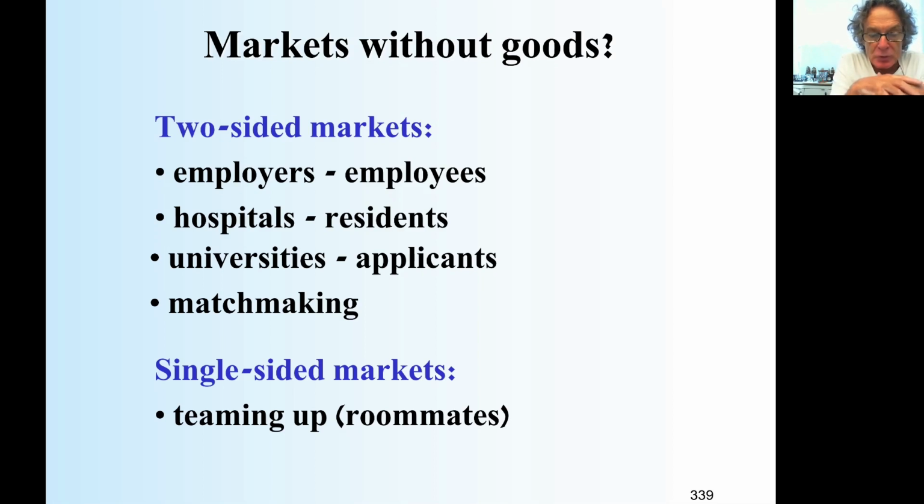This is a two-sided market, and this is monogamy. If we don't care about girls and boys, but we have to somehow match all of them, this is a one-sided, single-sided market. But we are going to focus on two-sided markets. I'll make some remarks about the single-sided market later on.